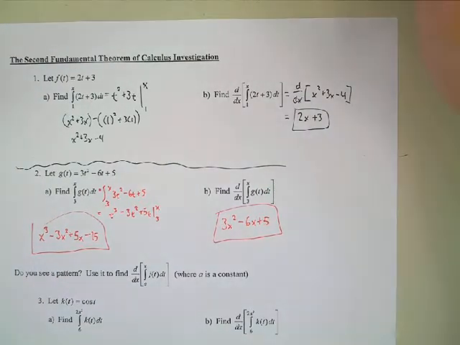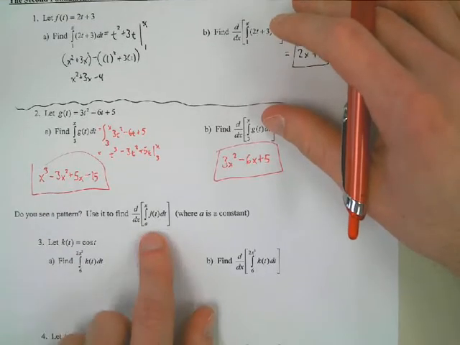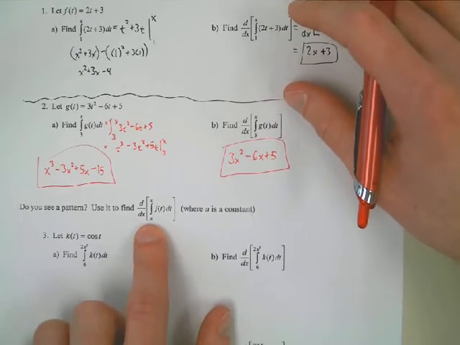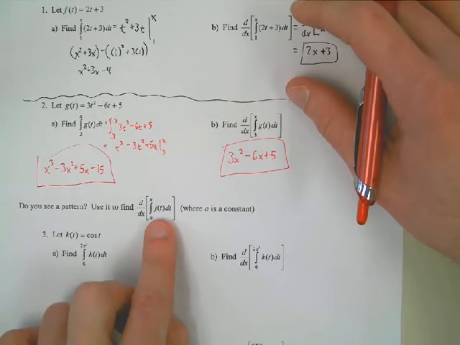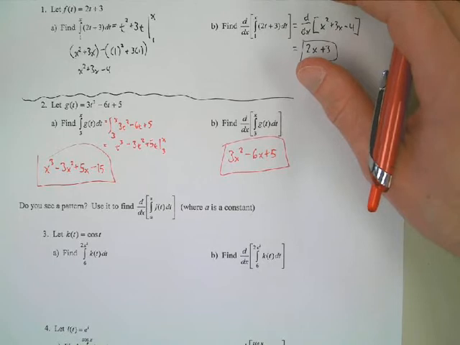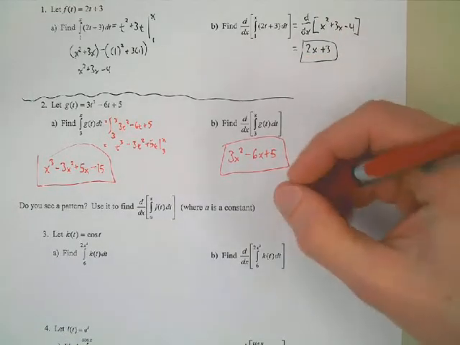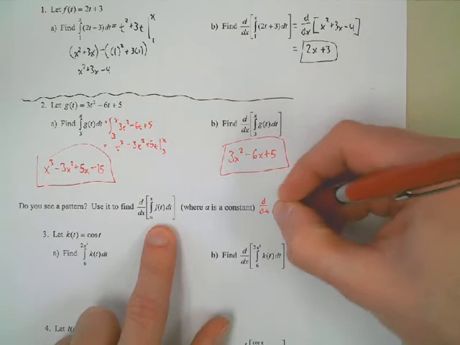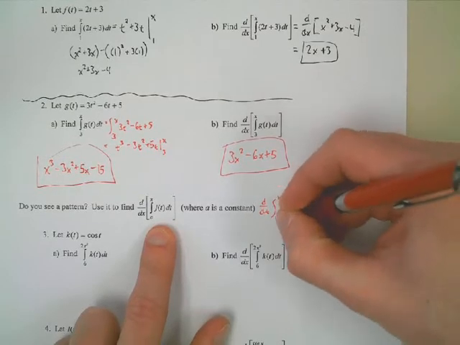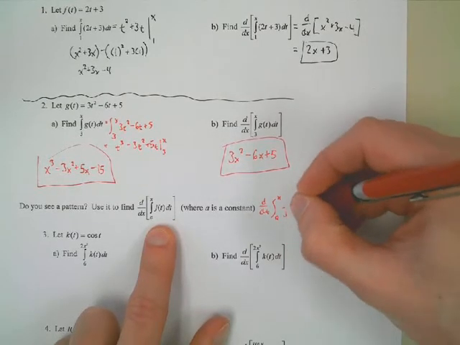Okay, so this is what we're going to be using in the future to find the derivative of the integral from a number to x of a function when a is a constant. So what is the derivative of this very abstract function, because there's lots of letters here, no numbers?